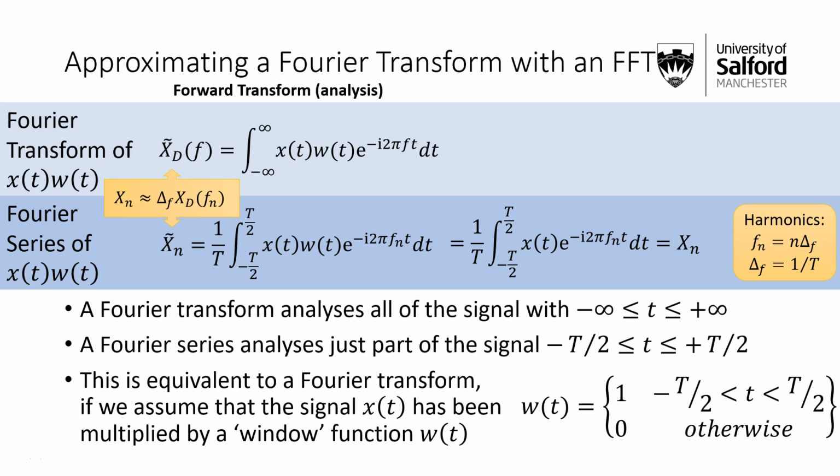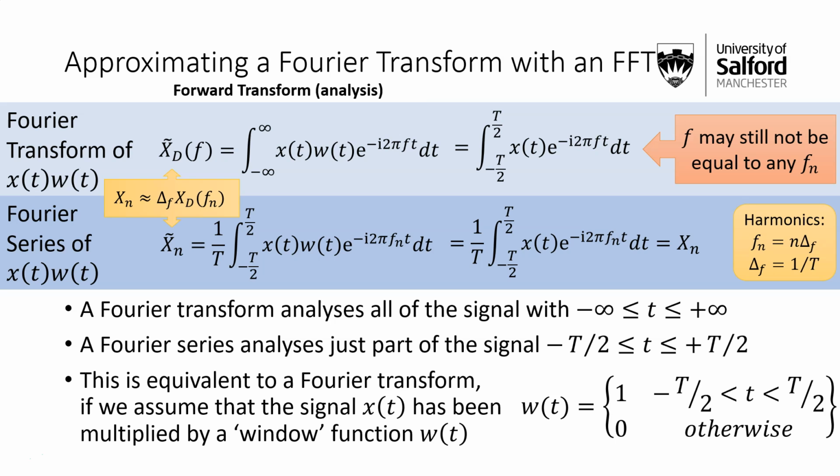And actually what you find is that this approximate version, x_n with a little tilde on top, which just indicates that a window has been applied, is actually the same. So it makes no difference to the Fourier series at all. What it does in the Fourier transform is truncate the range of integration. So this now ends up looking rather like a Fourier series integral without the 1 over T, but an important difference is that f isn't f_n, so f could be any frequency, not just a harmonic frequency.